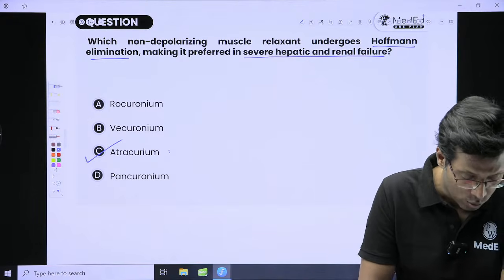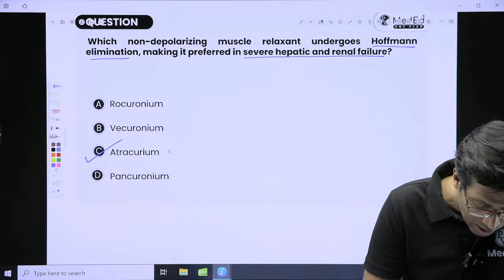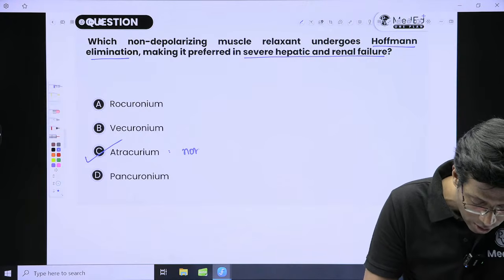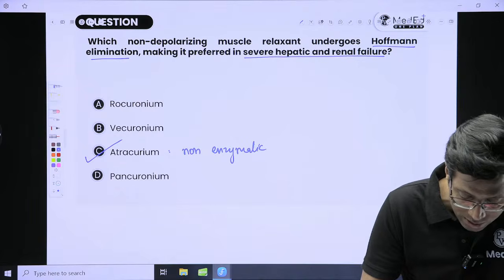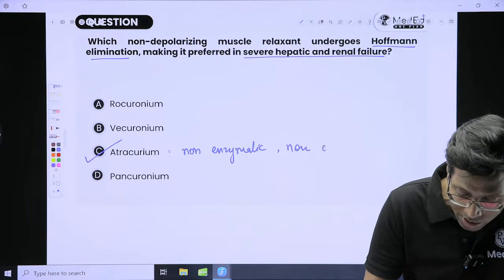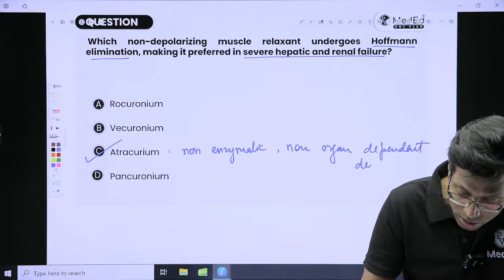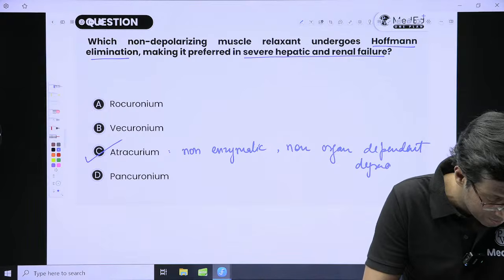Atracurium. This Hoffman's elimination is non-enzymatic, non-organ dependent degradation.